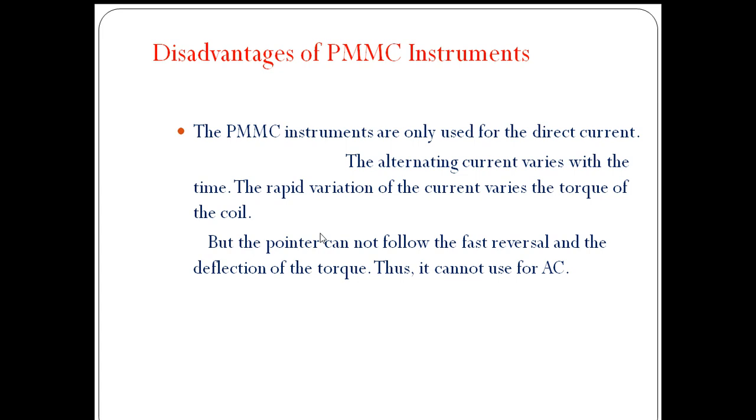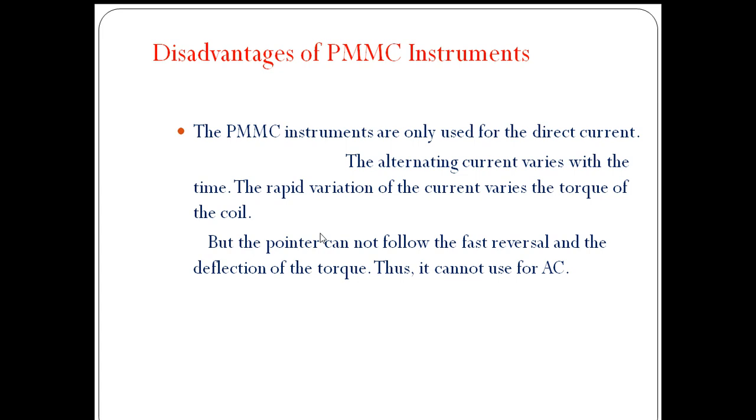This PMMC meter is not used for AC because in alternating current, the current is varying with respect to time. As current varies, the torque also changes, but due to inertia, the pointer will not follow the changes in current.